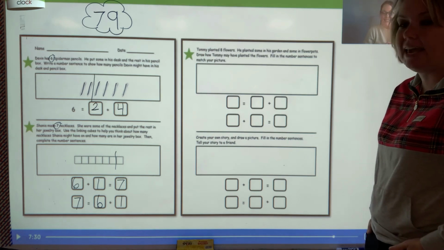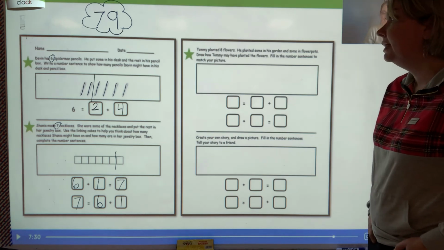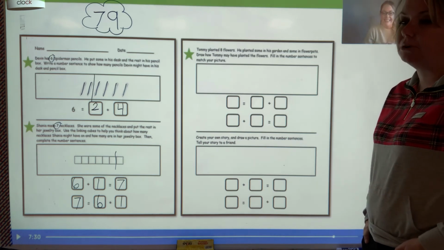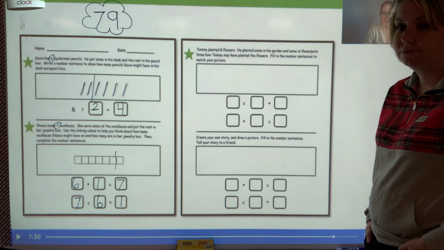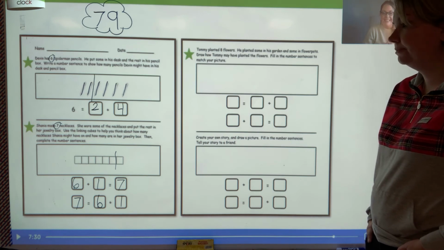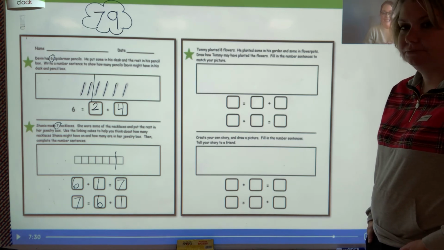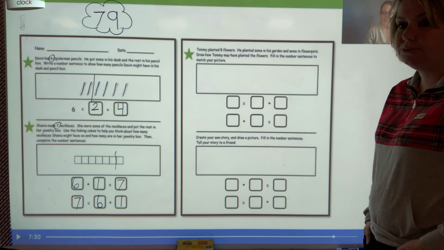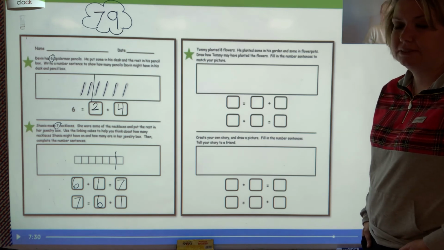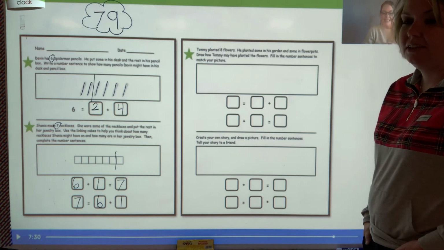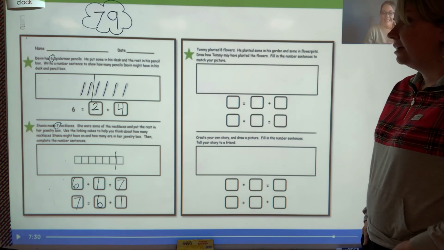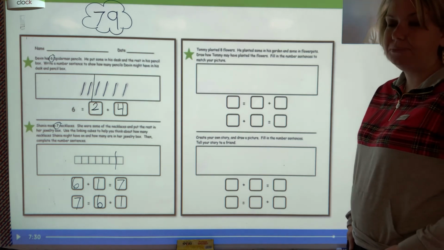Tommy planted 8 flowers. He planted some in his garden and some in flower pots. Are you doing it, DJ? Okay, good. I'm going to have you share out in just a second.